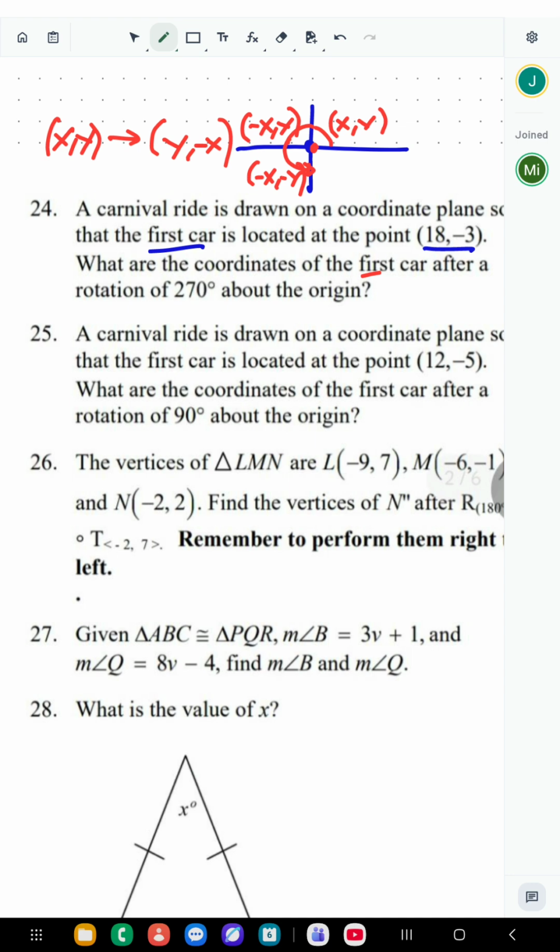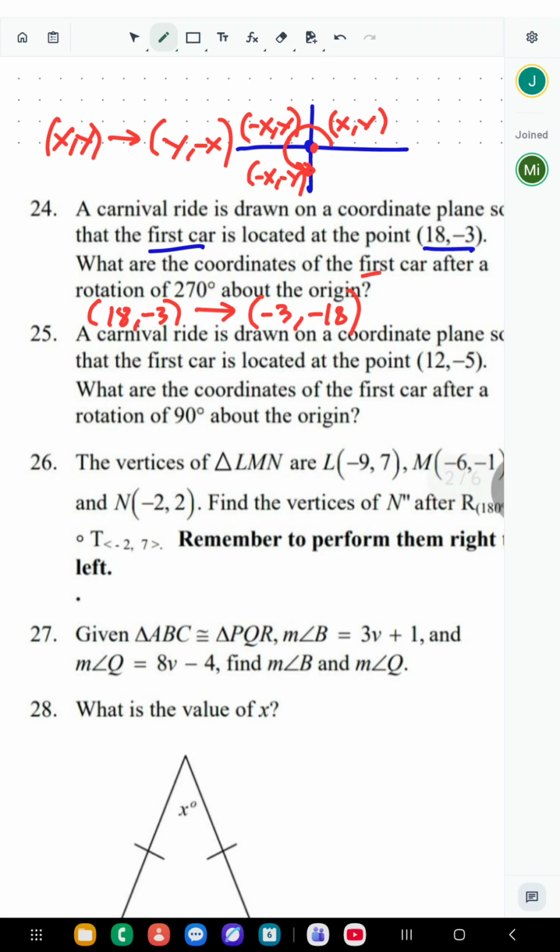So that means the coordinate would become from 18, negative 3. This would become negative 3, negative 18. Alright.